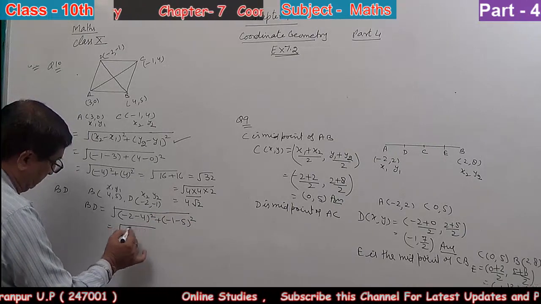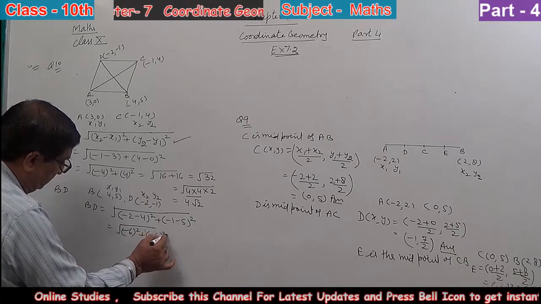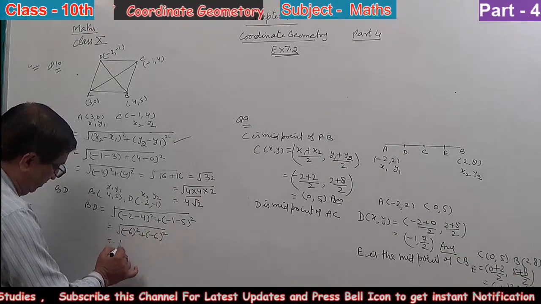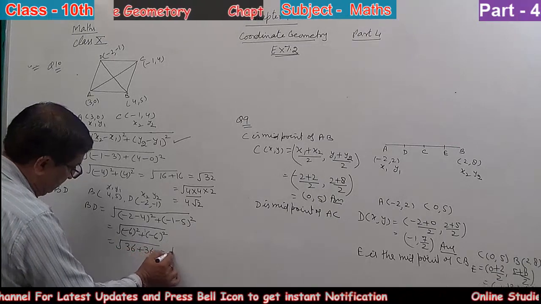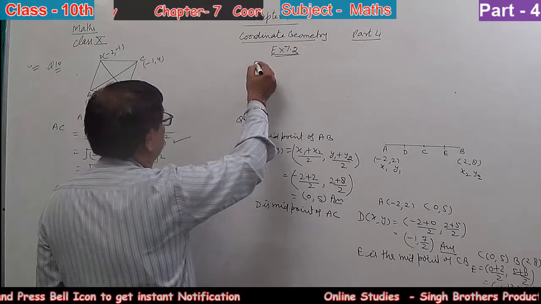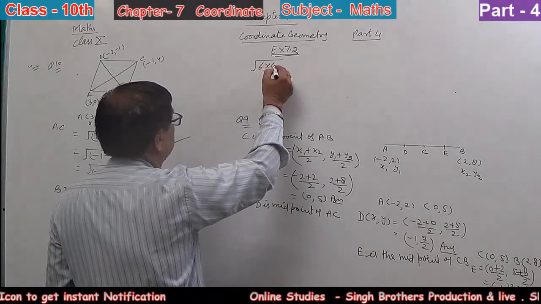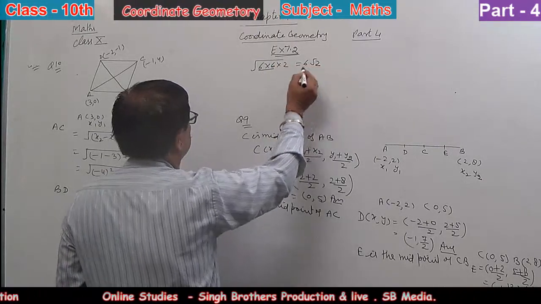It is minus 6 square, it is also minus 6 square. It becomes 36 plus 36. So it is 72. So it is equal to 6 into 6 into 2. 6 take common, 6 root 2.